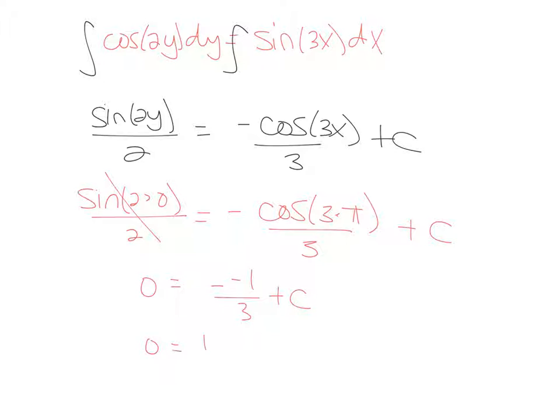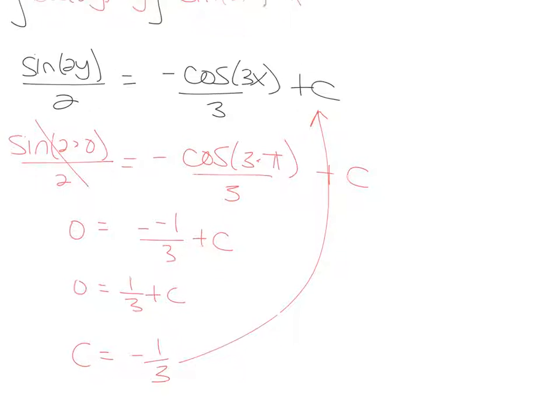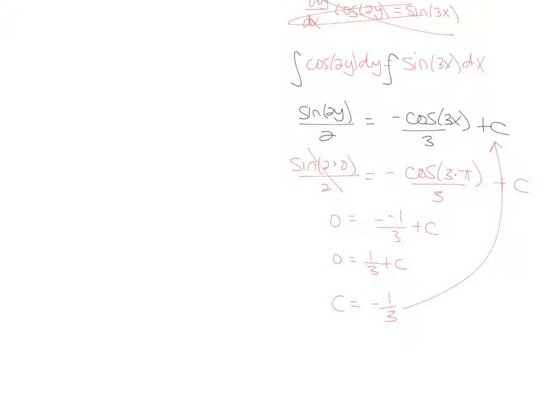So it's 0 equals 1/3 plus c. So if you subtract the 1/3, you get c equals negative 1/3. So I'm going to take that and put it into here. Alright, so I get sine of 2y over 2 equals negative cos of 3x over 3 minus 1/3.